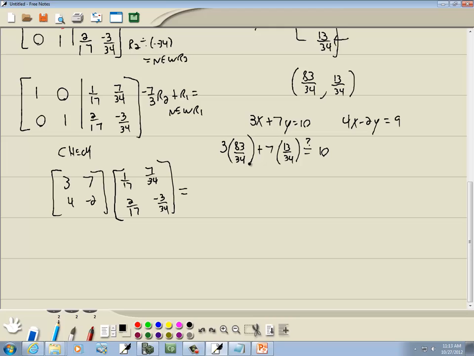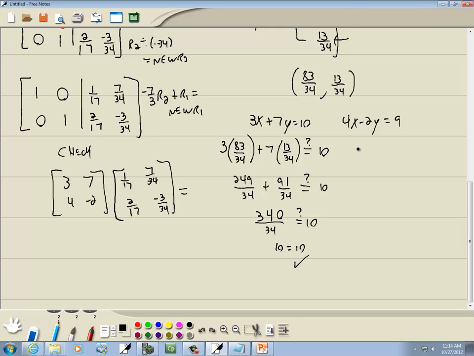And that's 9, that's 249/34. Plus 91/34, which gives us 340 divided by 34, which gives us 10 equals 10.